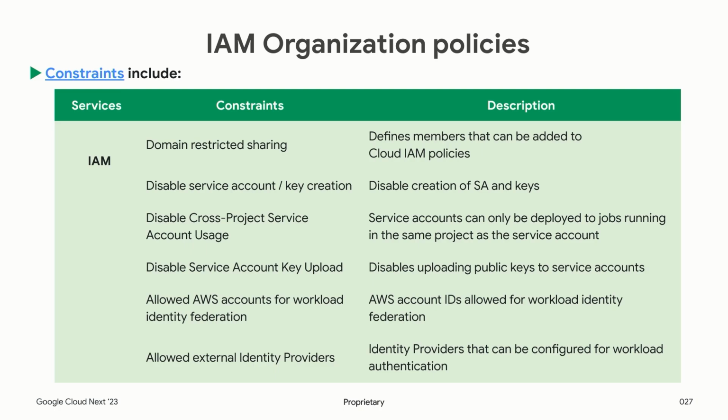If I implement this constraint called domain restricted sharing, it prevents anyone outside of your organization from logging into your console or doing anything cloud-related in your environment. Domain-restricted sharing is a very, very critical constraint to memorize.